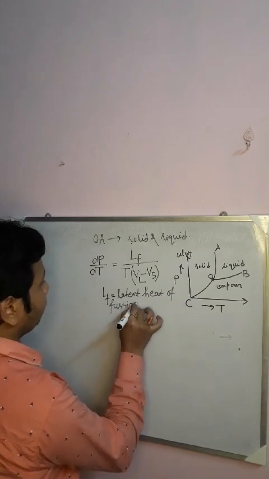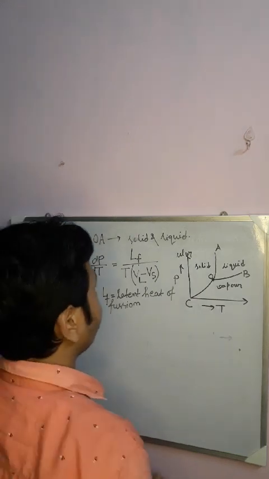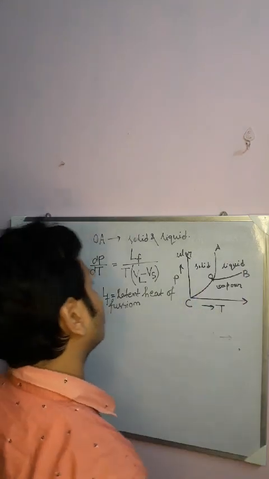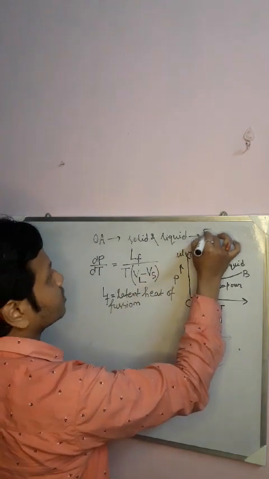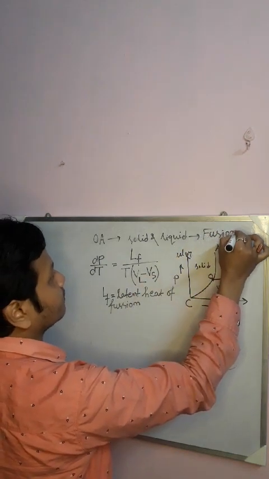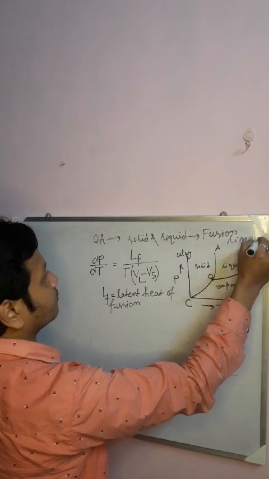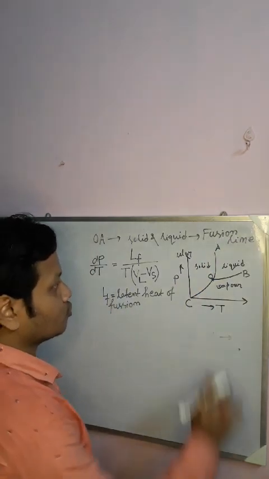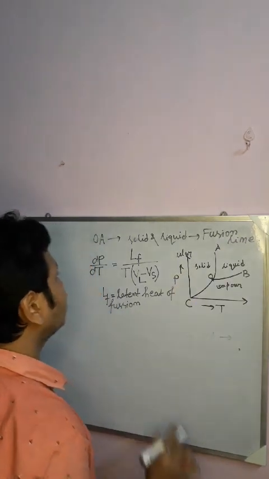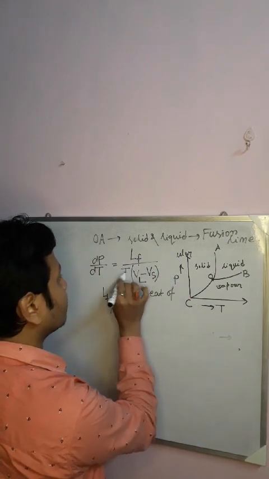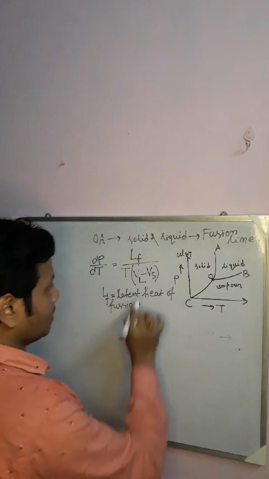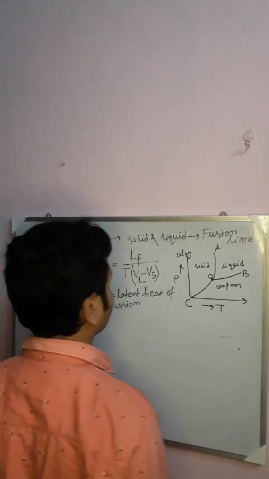This is known as the fusion curve or fusion line, so OA represents the fusion line.